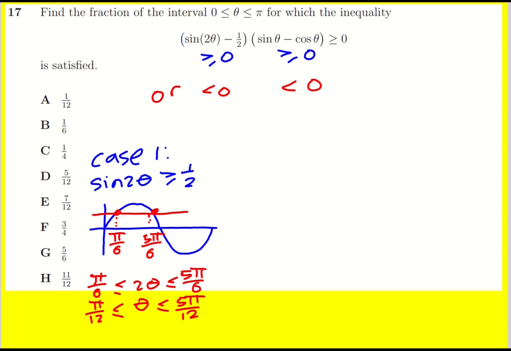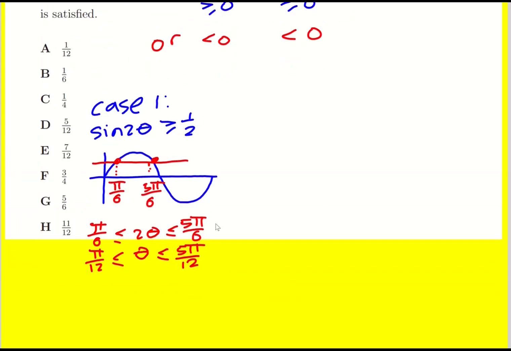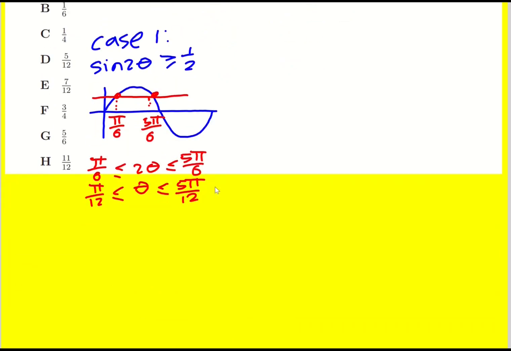But I also need sine theta to be greater than cos theta. So let's just investigate that. Actually, I've already drawn, no, that was sine 2 theta. So let's come back to drawing sine theta between 0 and pi. It's just going to come up and back down. And then cos theta is going to look like that.